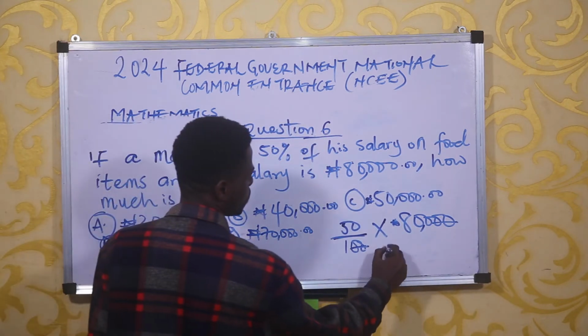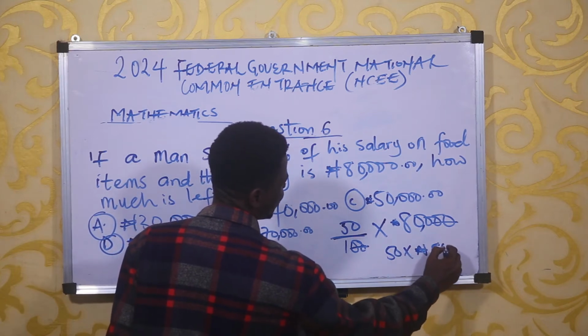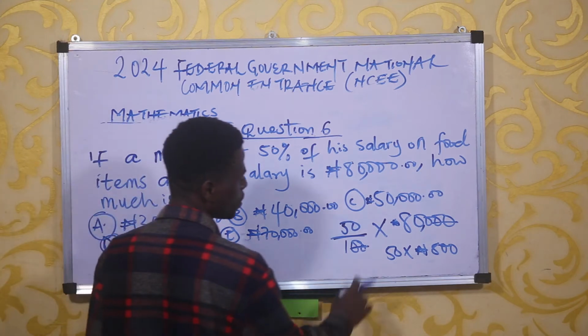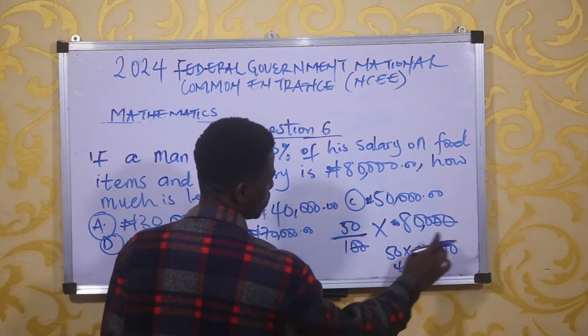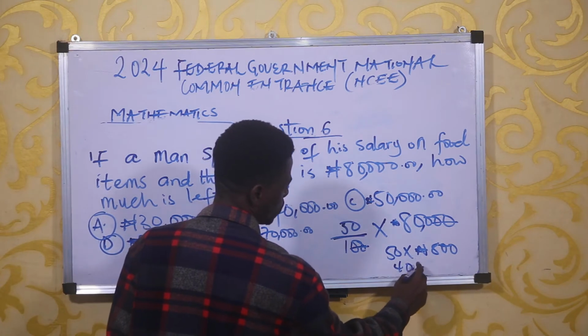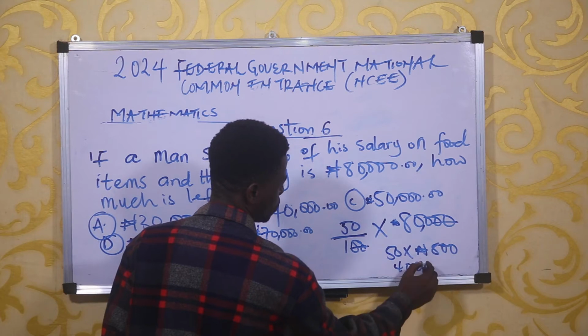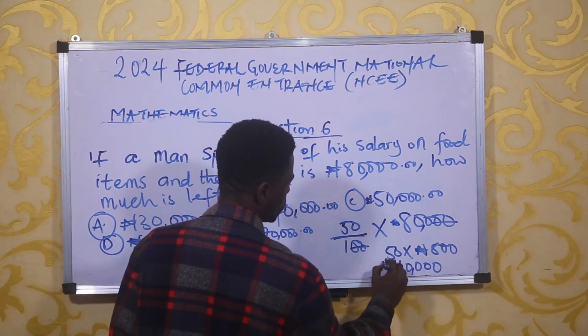We have 50 times 800. Now 5 times 8 is 40, then zeros times zeros is 0. So we have 40,000 naira.